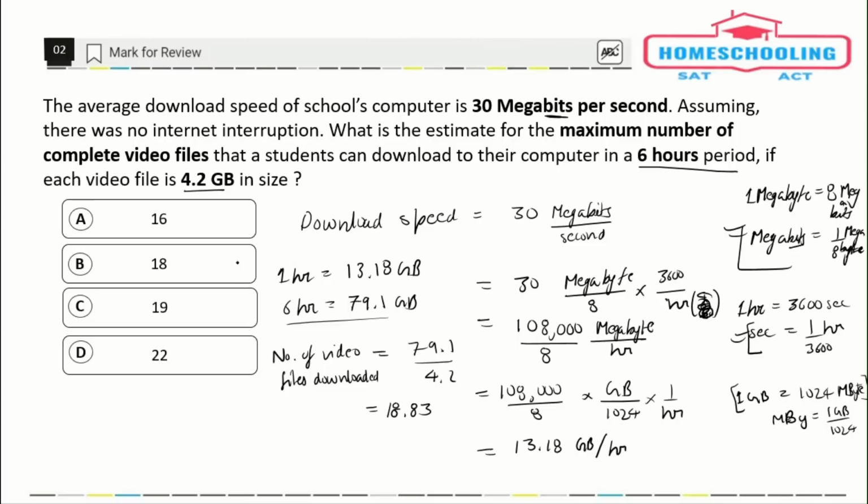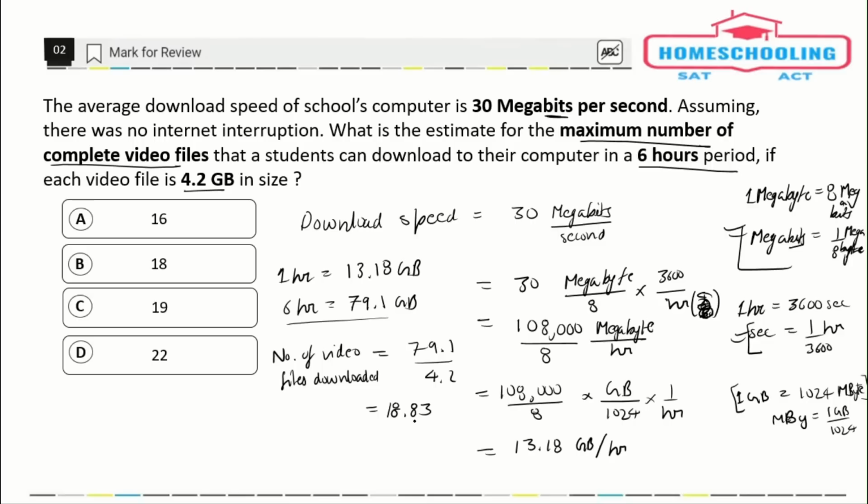So what is going to be our answer? For that we have to go back to the question again. Here it was asked: what is the maximum number of complete video files that can be downloaded?